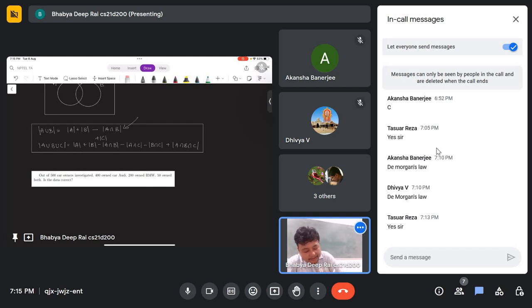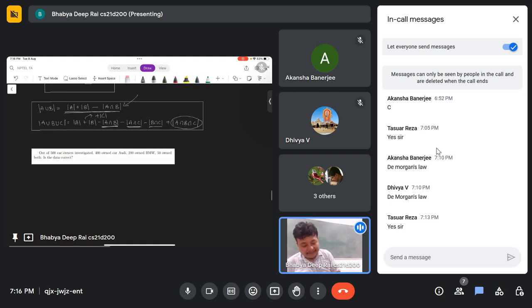Plus size of C minus all the 2-set intersections, A intersection B, A intersection C, and B intersection C, and add the intersection of all 3 sets, A intersection B intersection C. For now I'll focus on the first one. We will solve problems regarding the first one: size of A plus size of B minus A intersection B.